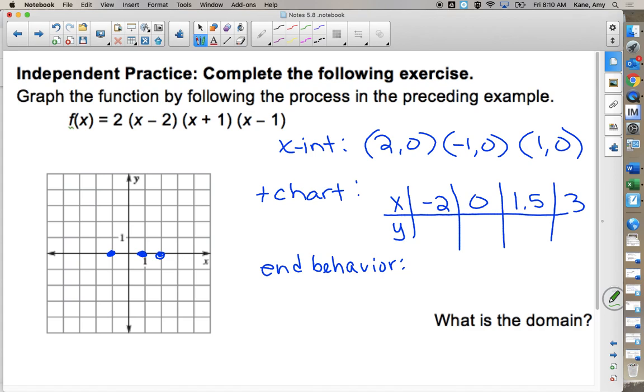Numbers are going to be a little larger, so it'll be a little trickier to graph, but we'll make it work.